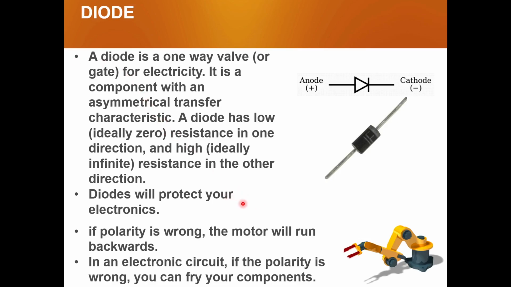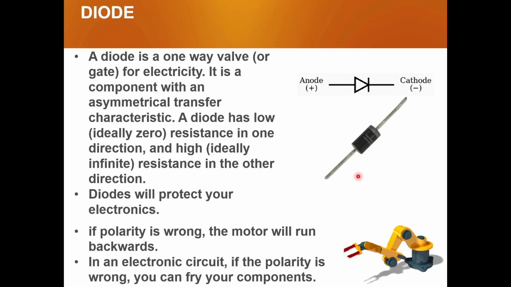So what happens by using this? Suppose there is a backflow of current, so it will protect your electronics. It will not allow your electronics to burn or fry off. Okay. If the polarity is wrong, the motor will run backward. Suppose you have connected it opposite, how do you know whether you have connected it wrong or right?